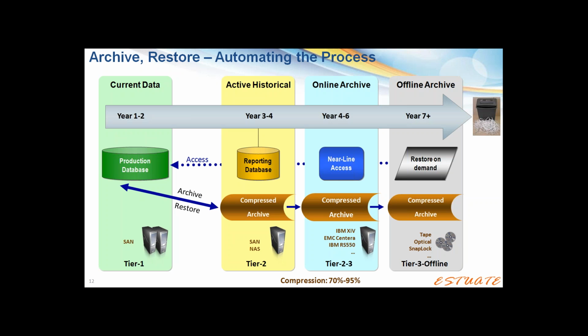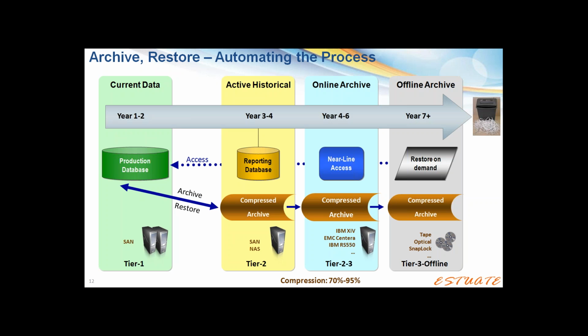As the ideal or standard method of archival, once the data expires after about 7+ years, it's a good candidate for final purging. And before purging, we can retain access for about 1 or 2 years in offline storage devices like optical discs or tapes.